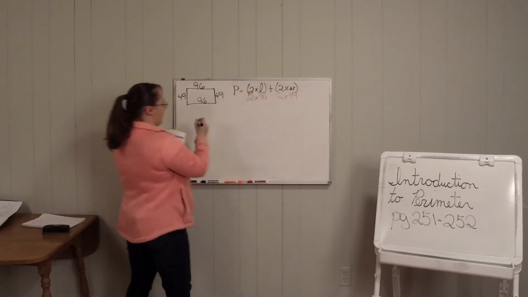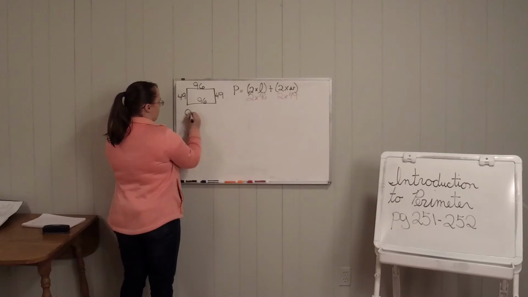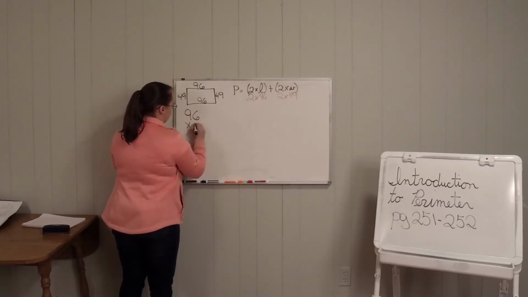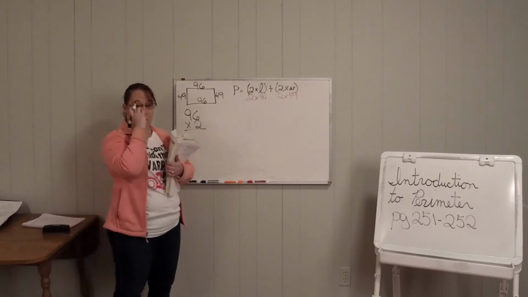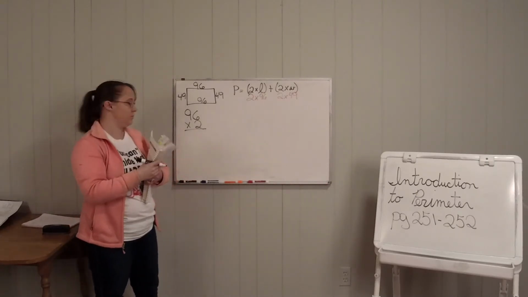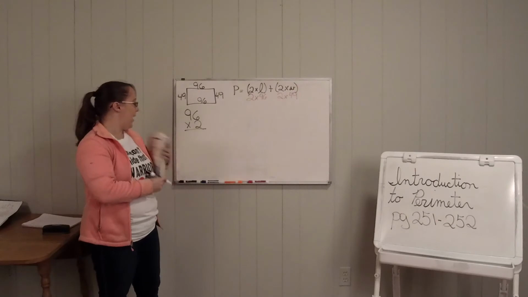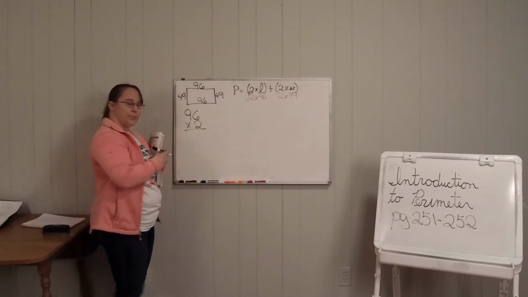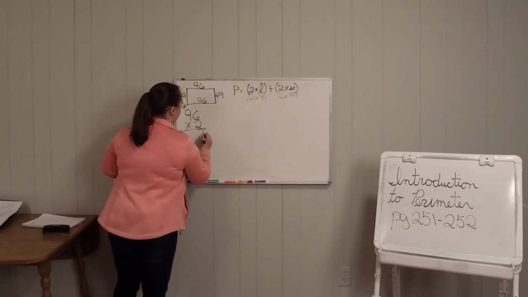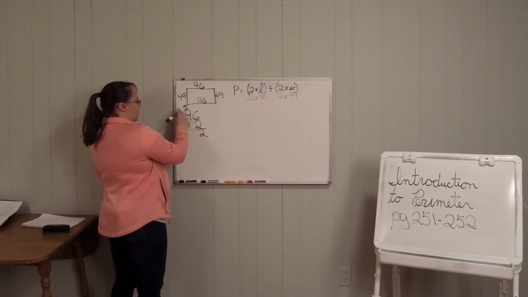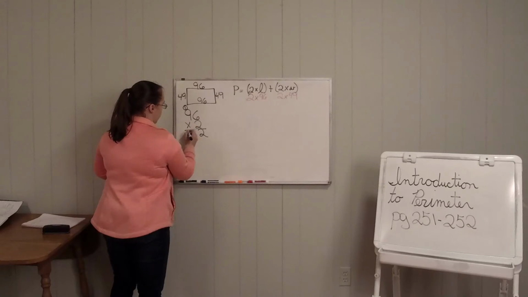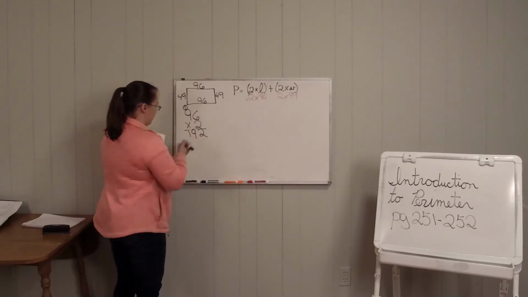So let's do that math. So 96 times 2. Now let's think about it for a minute. 6 times 2 is 12. 9 times 2 is 18, plus 1 more is 19.